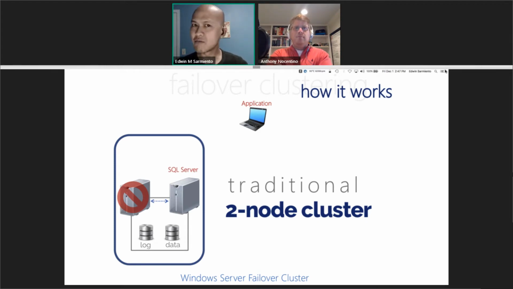There goes your stop, wait, and start service as we compare it with a traffic light. Now, when the service is back online on the node on the right, this is the time when the application can start reconnecting back to, in this case, the database, which kind of explains a lot of questions that I've been answering for the past couple of years about whether it's failover clustered instances or availability groups.